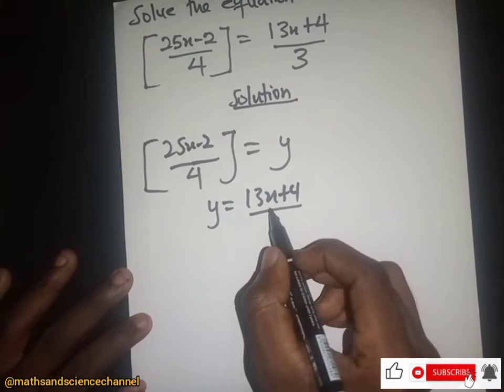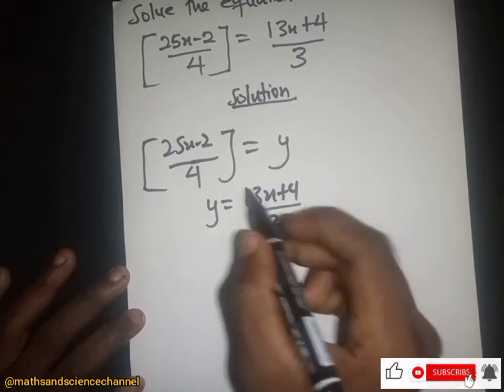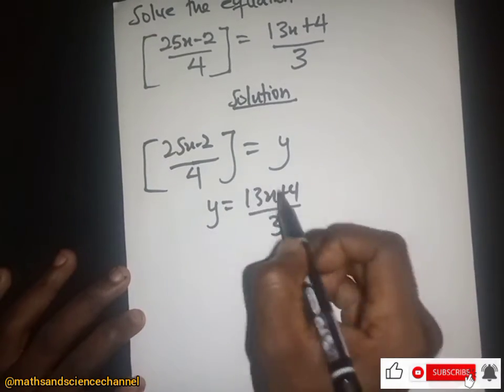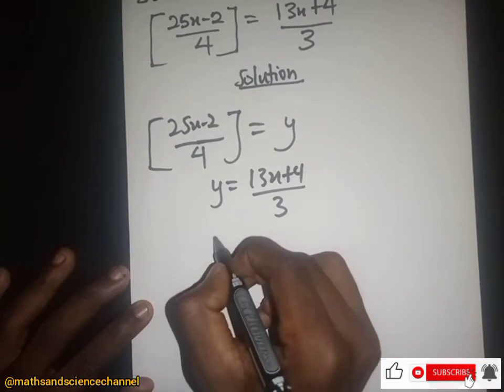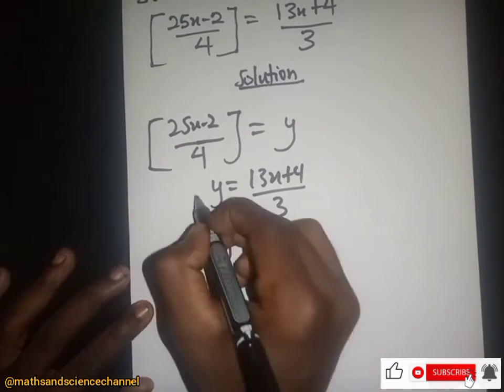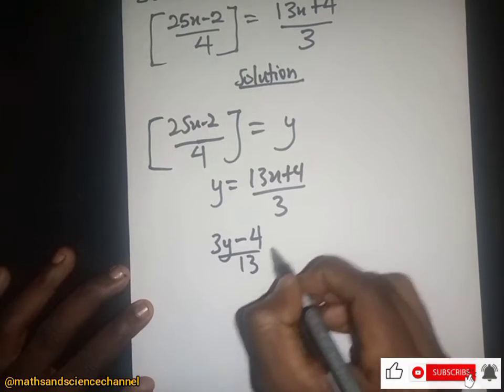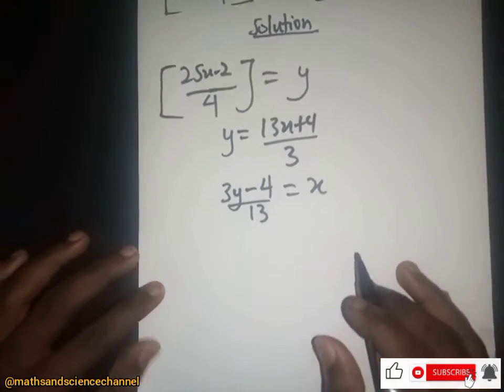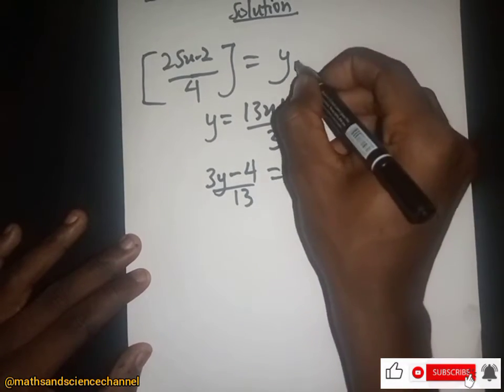Now we can make x the subject here, then we'll substitute the x into that. So x is going to be 3y minus 4, then divided by 13, being equal to x. So we're going to substitute this into this equation here.